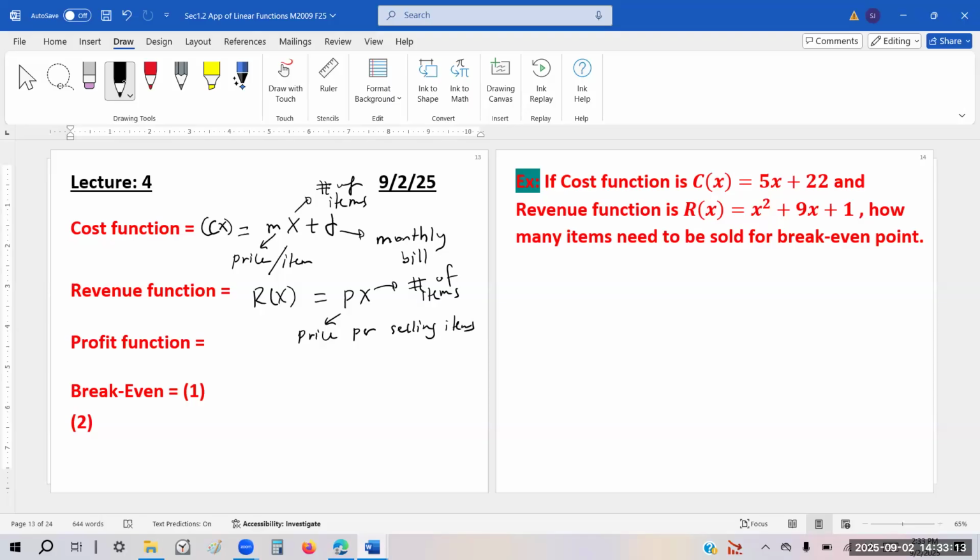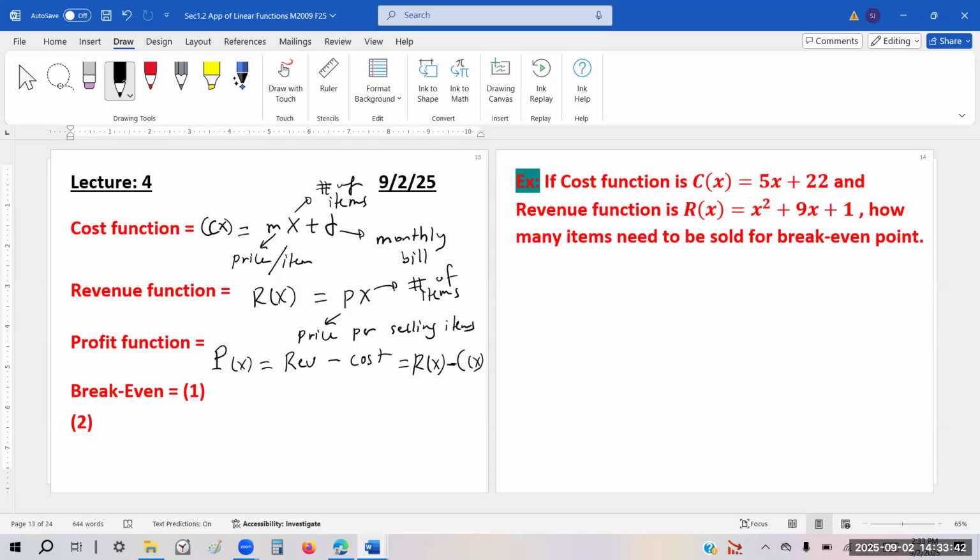How do you find profit? How do you figure out profit? So big P of x is revenue minus cost, which is R of x minus C of x.